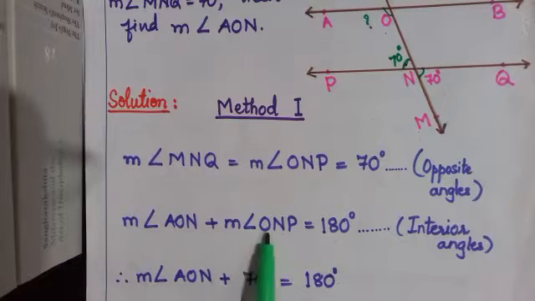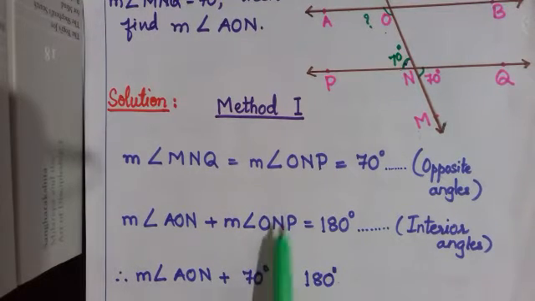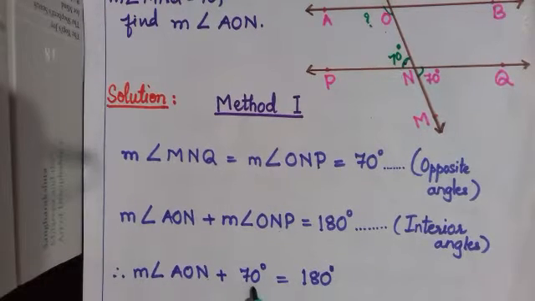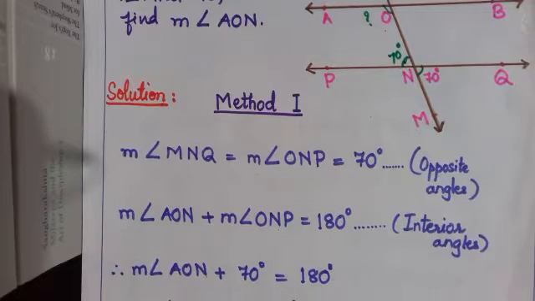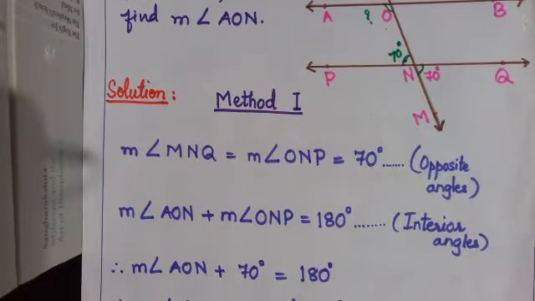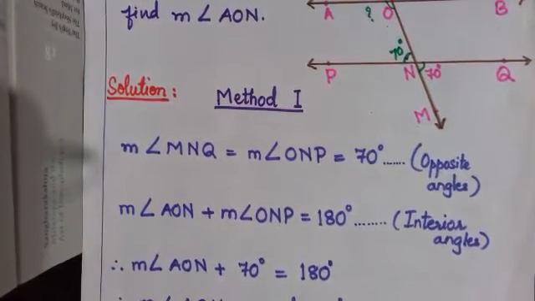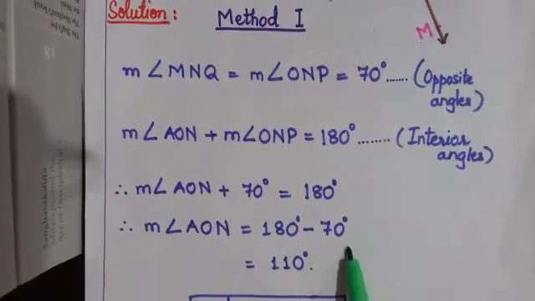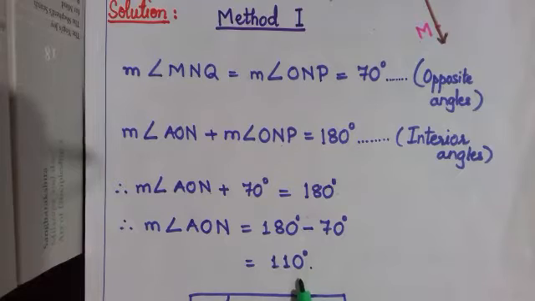Now from here we will substitute angle ONP is 70 degrees. So angle AON plus 70 degrees is equal to 180. This plus 70 degrees will go to the right side of 180 degrees. What we will get? Angle AON is equal to 180 minus 70, that is 110.